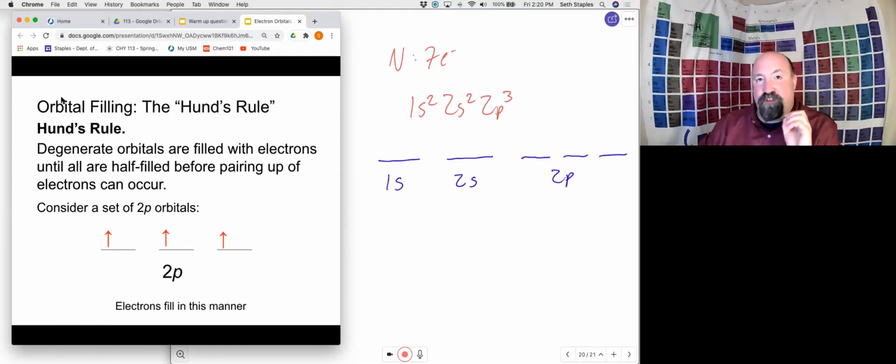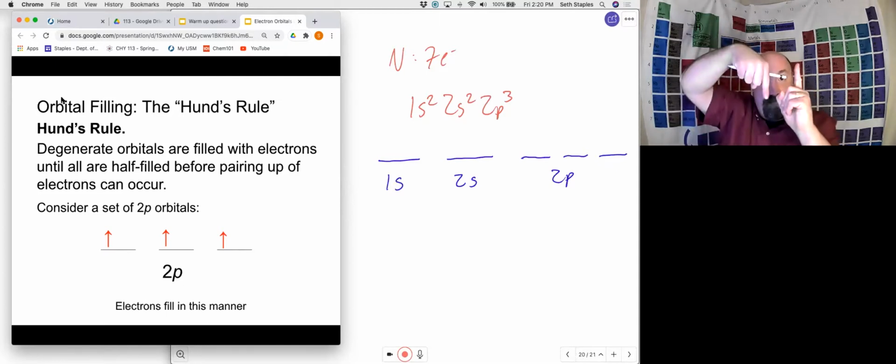Those 6 electrons are split between 3 different orbitals. Now in these orbital filling diagrams we depict individual electrons as arrows. Spin up, spin down, so plus a half versus minus a half.